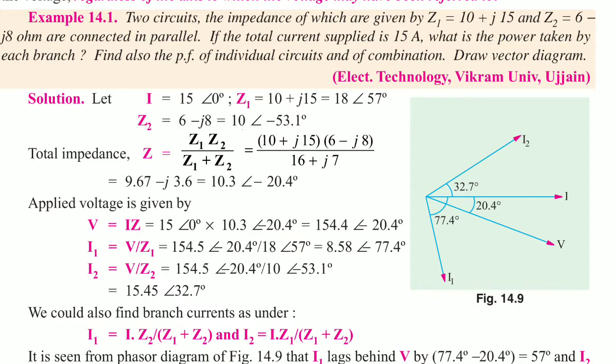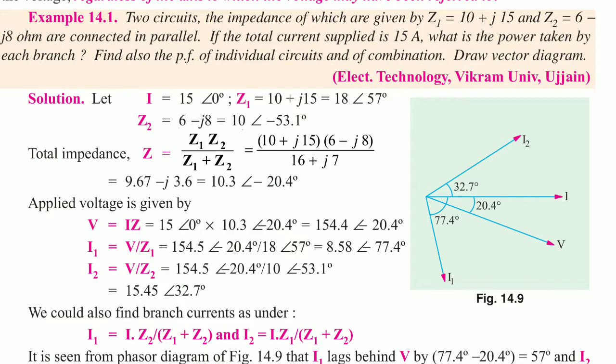Now I1 is equal to V by Z1. This is 154.5 angle of minus 20.4 degrees divided by 18 angle of 57 degrees, which results in 8.58 angle of minus 77.4 degrees.